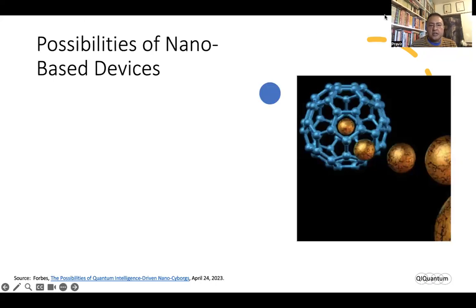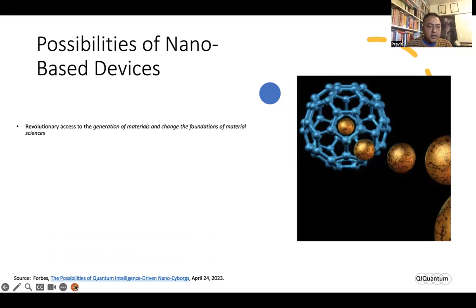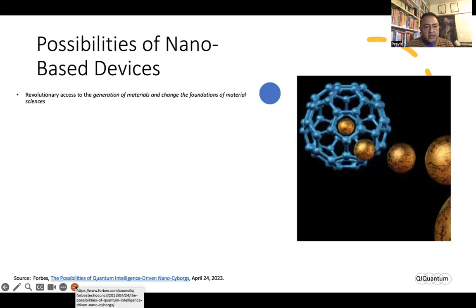Now, transitioning to some technological implications, I want to pose the idea of nano-based devices that are built leveraging atoms as a natural quantum computer.